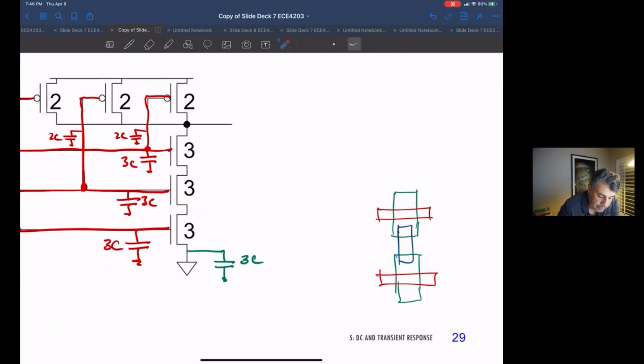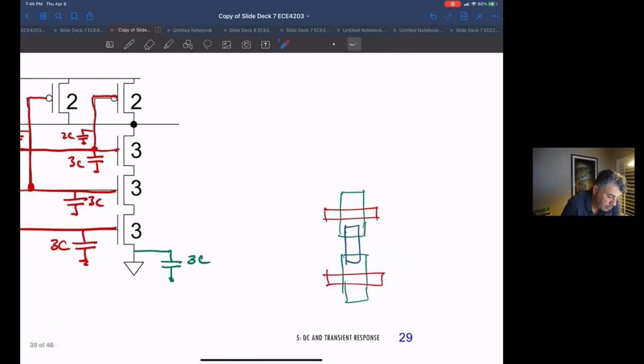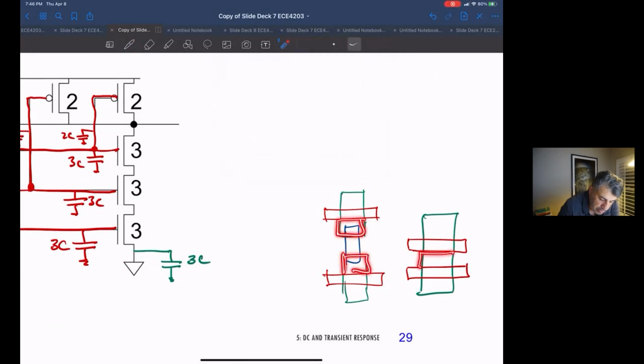But if we do a better job, remember, because these are series devices, we can merge their source drain. So we could have just drawn it as a merged device, meaning that this capacitance is the capacitance of just one of these 2, because we merged them.